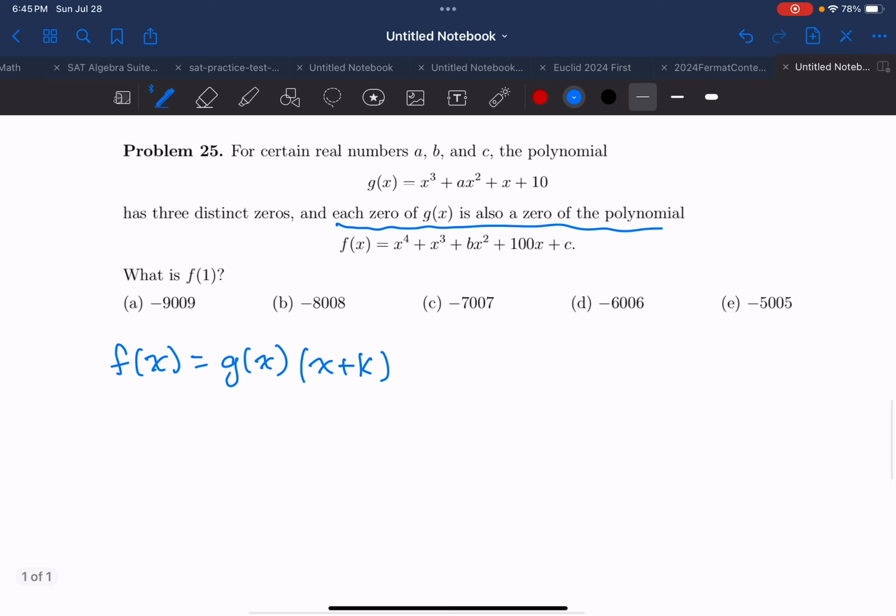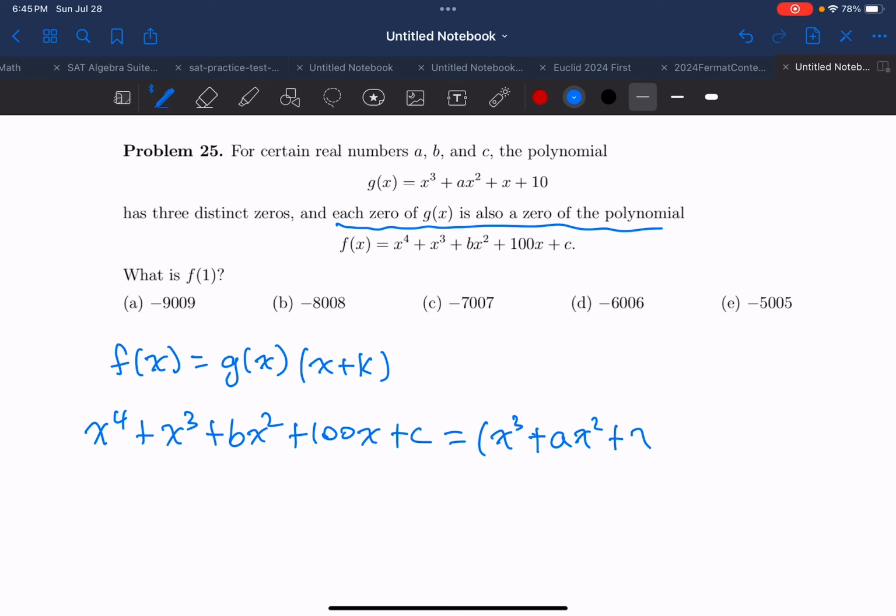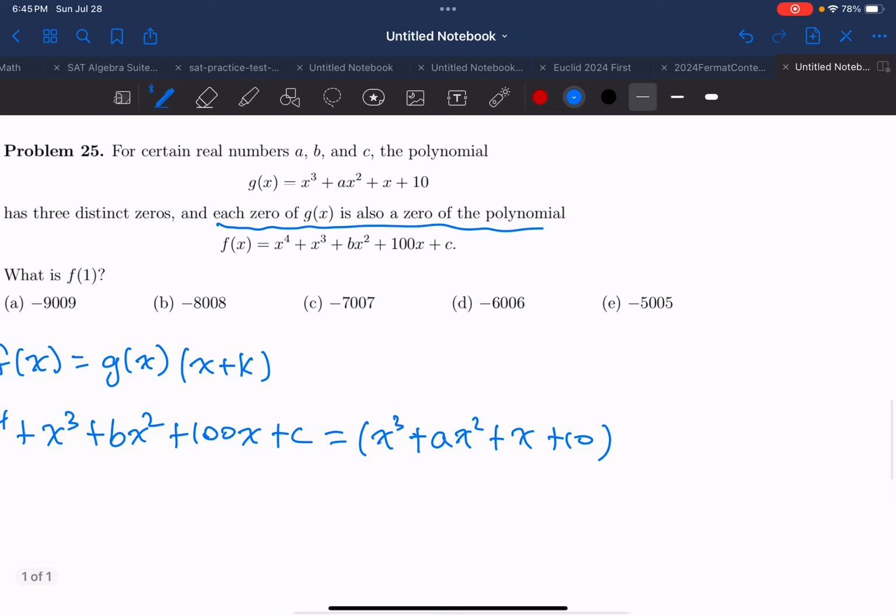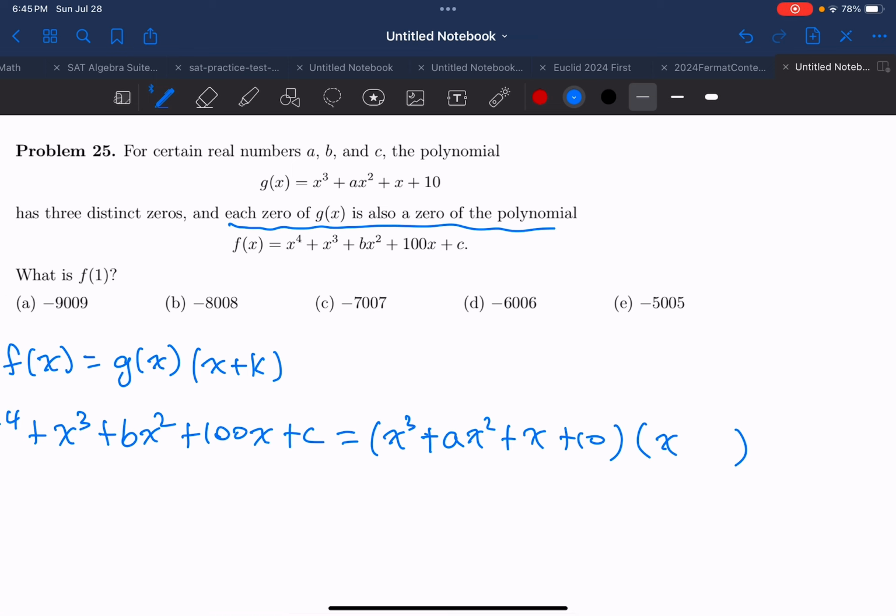So f(x) is x to the power 4 plus x cubed plus bx squared plus 100x plus c equals x cubed plus ax squared plus x plus 10 multiplied by some x plus k.